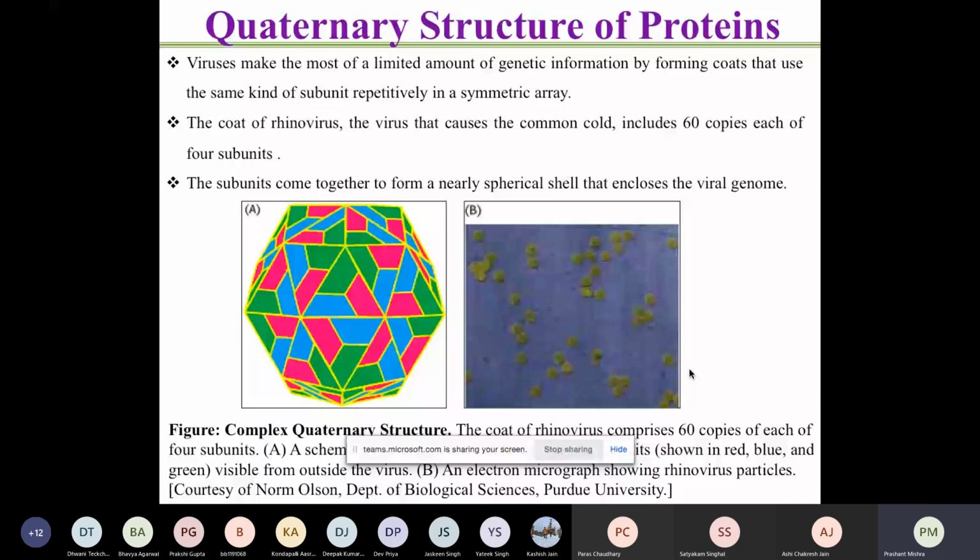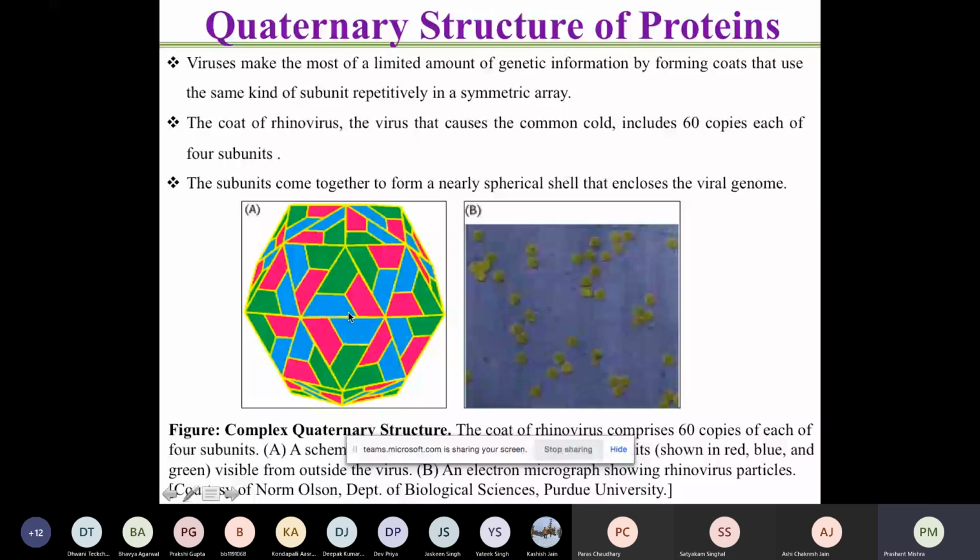So the subunits come together to form a nearly spherical shell. Look at the left hand side where you have green, blue, red. These colors are present, and they form a repeated structure. There are 60 copies of this structure, and the combination gives you a kind of spherical shell.